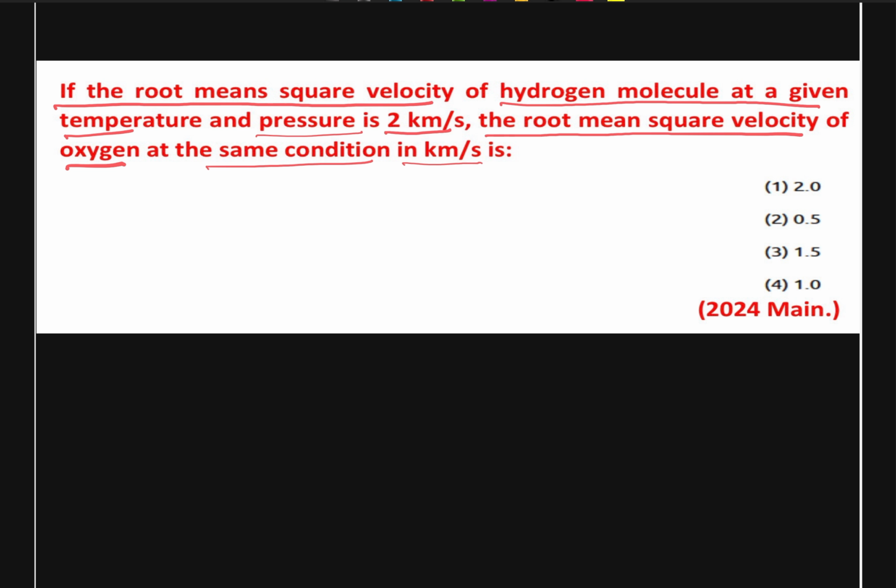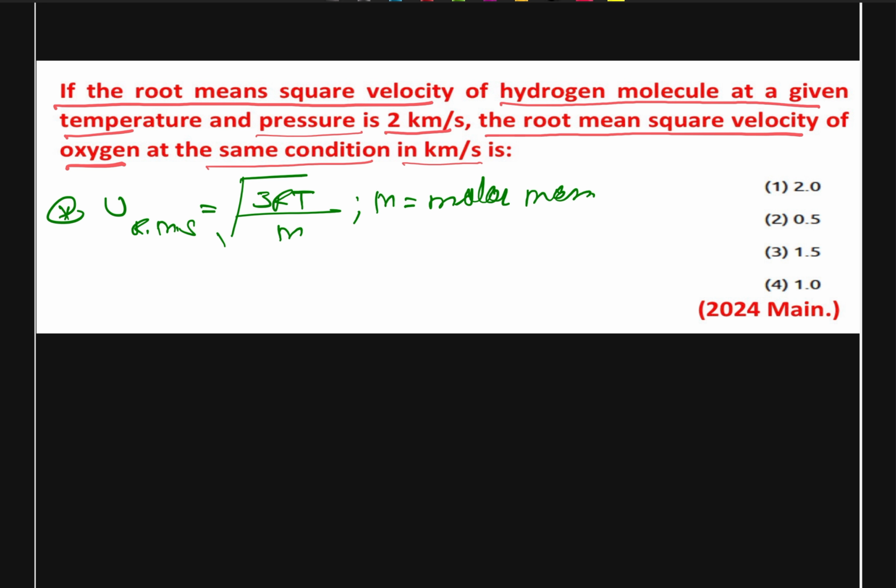We know that the root mean square velocity, that is our Vrms, is equal to the square root of 3RT divided by M, where this capital M is our molar mass, T is the absolute temperature, and R is our gas constant.